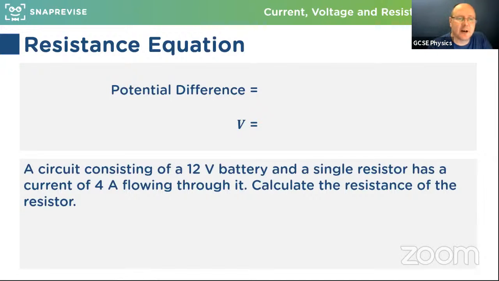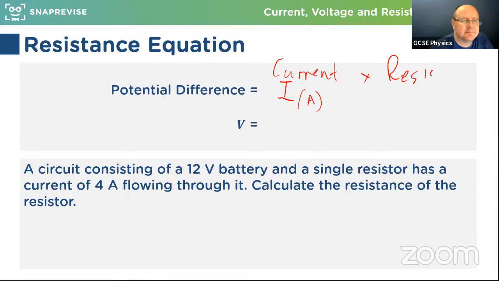And in terms of calculation, rather, we can use Ohm's law. It's current times resistance, so it's current in amps times resistance. Resistance has a sensible symbol R, and we measure it in ohms, which is the omega symbol there.